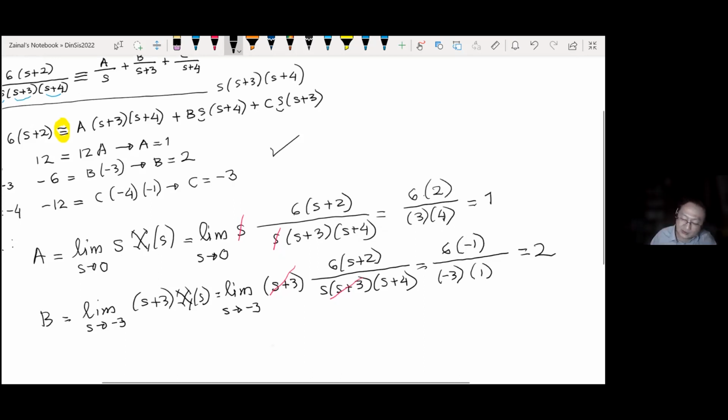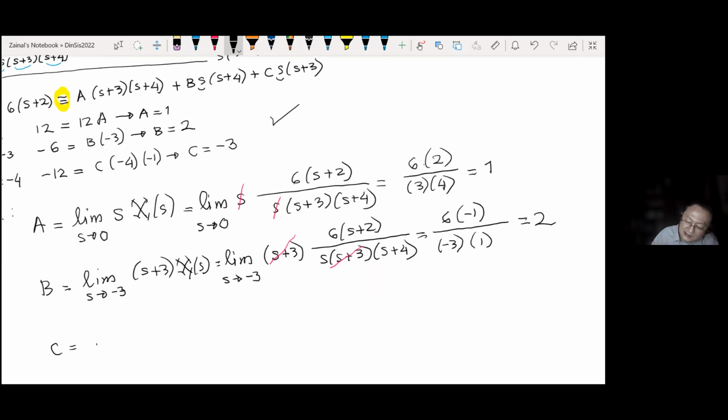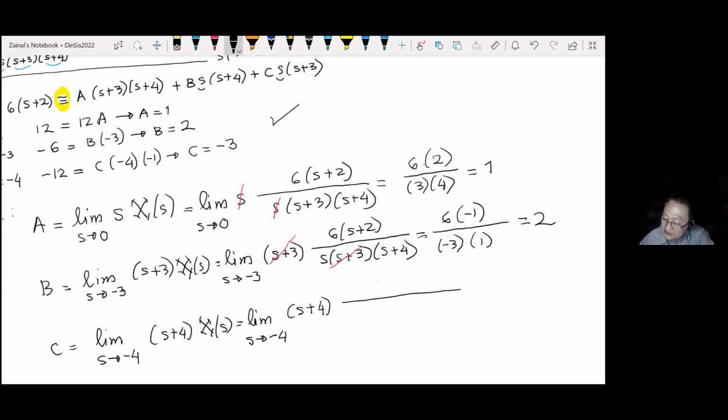Same, right? Now, C is the limit s equal to minus 4 of s plus 4 multiplied by Xs. This becomes the limit s approaching minus 4 of s plus 4 multiplied by 6 s plus 2 over s, s plus 3, s plus 4.